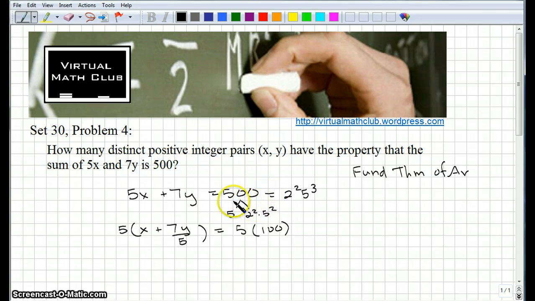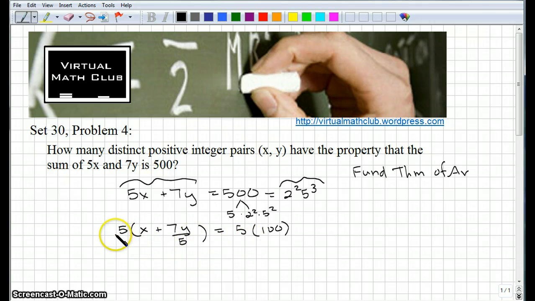So if these two sides are equal and they're both integers, the factors on this side have to be the same as the factors on this side in the end. So if there's a factor of 5 over here, I can factor a 5 out, and these will still be integers. So this, x plus 7y over 5, will still be an integer.